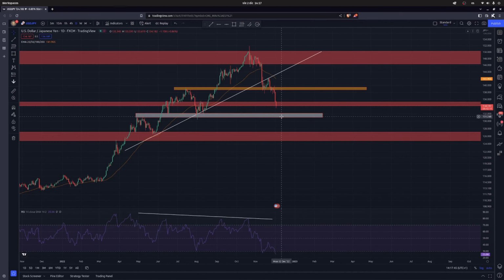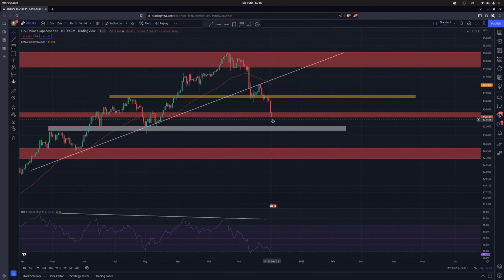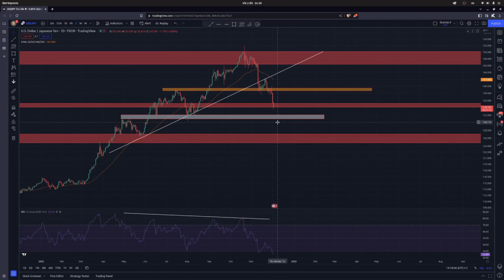We have multiple resistance levels here, so it's probably difficult to break through all of those, but maybe trading from one to another, as we can see, we already broke basically through this one, right? So let's see what happens.